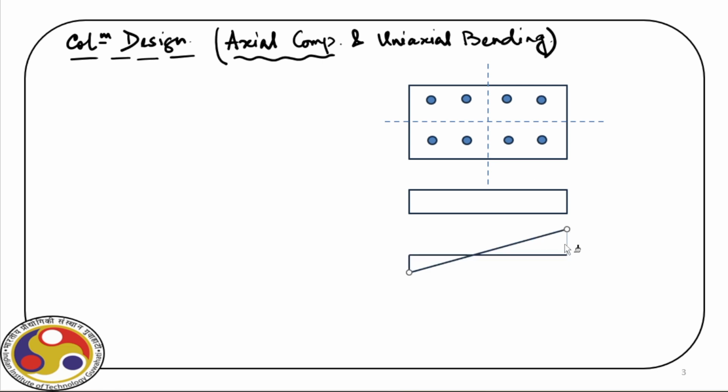Now for the complete section, as you can see, we have uniform compression and then due to bending we have tension compression. So the net stress or strain distribution will be a combination of these two. Now let us combine these two. For that, let our compression be positive. So on this side we have positive and on this side we have negative.